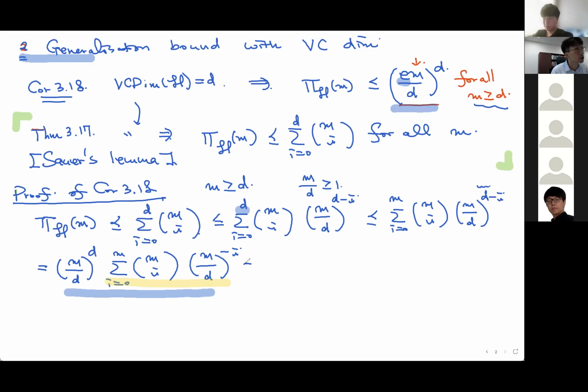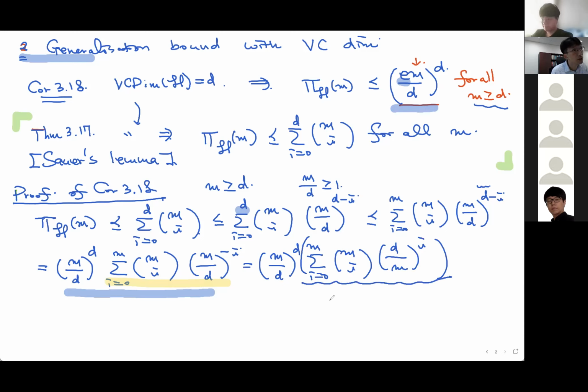So this is the same as m over d to the d, times the summation i equal to 0 to m of m choose i, times d over m to the i. But what I just showed in the parenthesis, this part is the same as 1 plus d over m to the m.